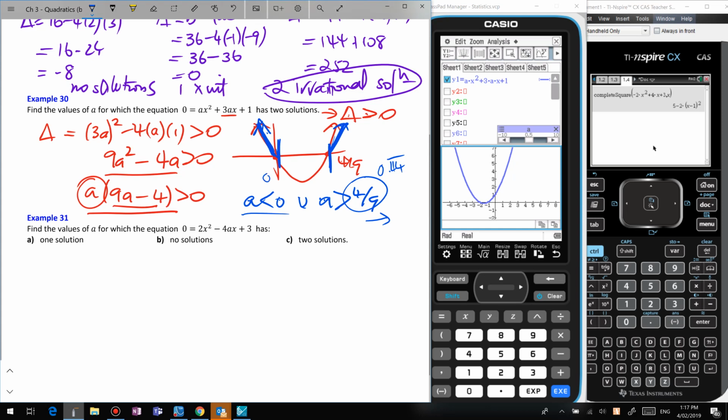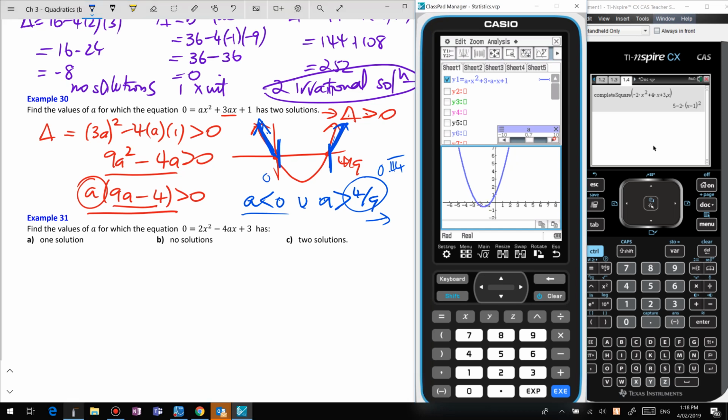So if we go above 0.44, we get 2 solutions. Or if we go below 0, we've got 2 solutions every time, until we get to 0, we've got no solutions, and then we've got 2 solutions again when a is greater than 4/9.